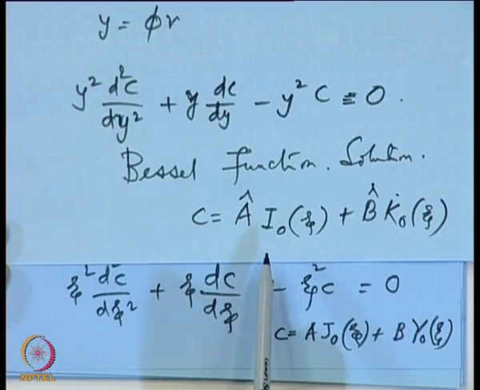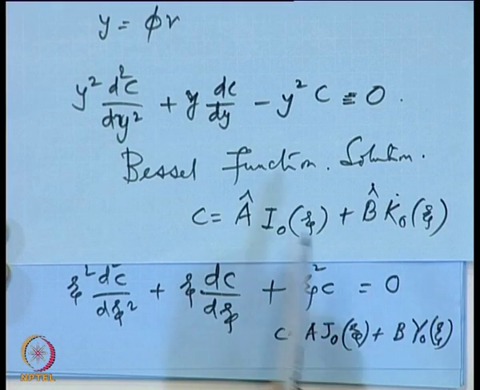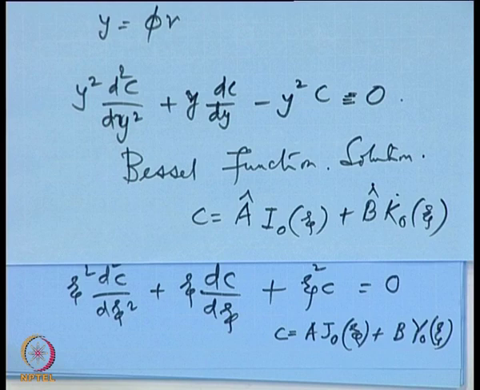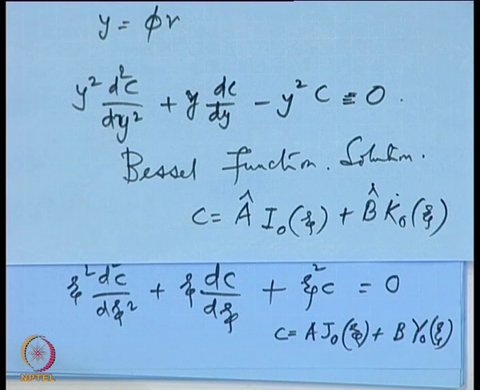Now what after this? You have to evaluate the constants. These two are eigenfunctions, I hope you know that. Out of these eigenfunctions, which one goes? The B, right? In both cases, the B and the B hat would be 0.